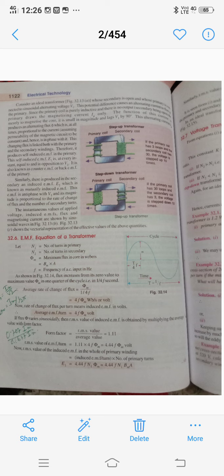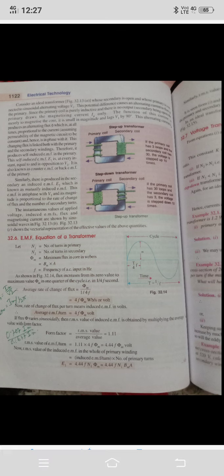Now if the flux phi varies sinusoidally, the RMS value of the induced EMF is obtained by multiplying the average with the form factor. We all know the form factor, RMS by average, equals 1.11.